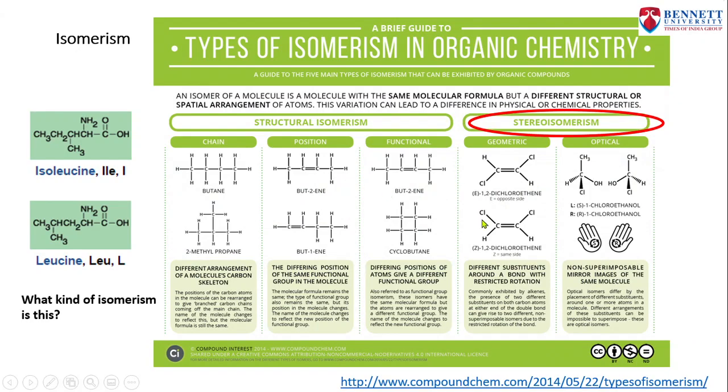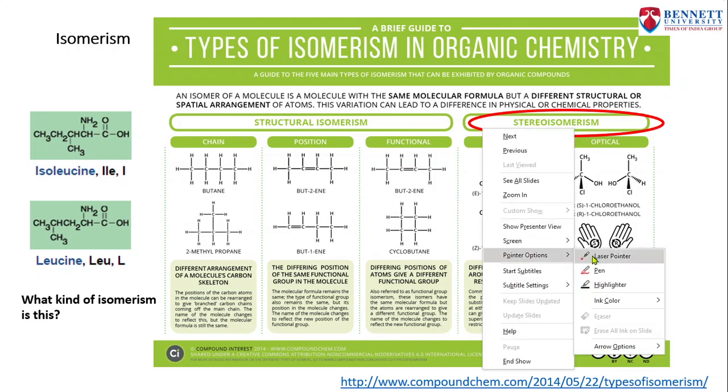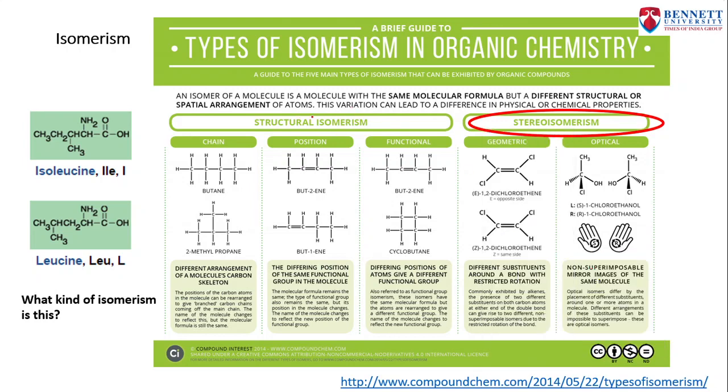The first kind, which you may have encountered in your plus 2, is structural isomerization. The second kind, more relevant to our lecture, is stereoisomerization. So let's discuss structural isomerization first.